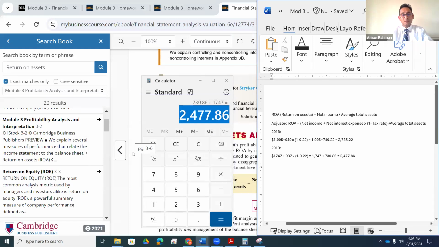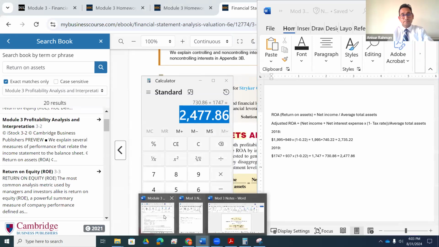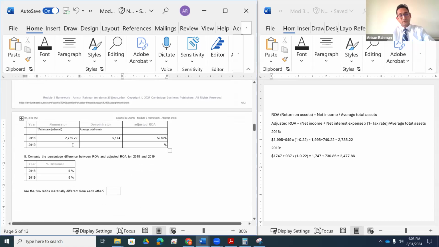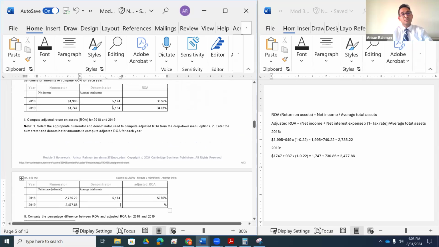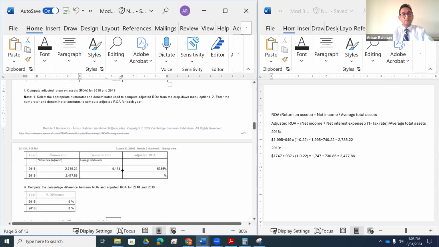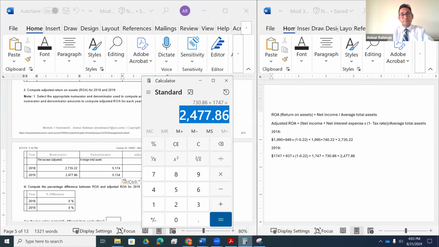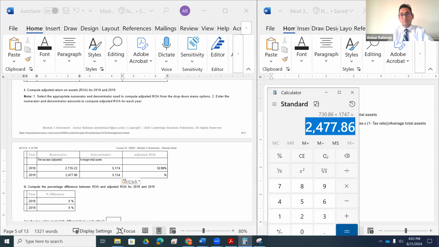Our average total assets do not change. And the ratio will be 48.26.